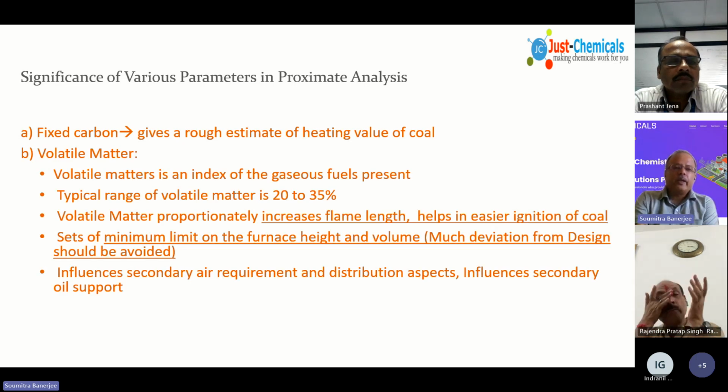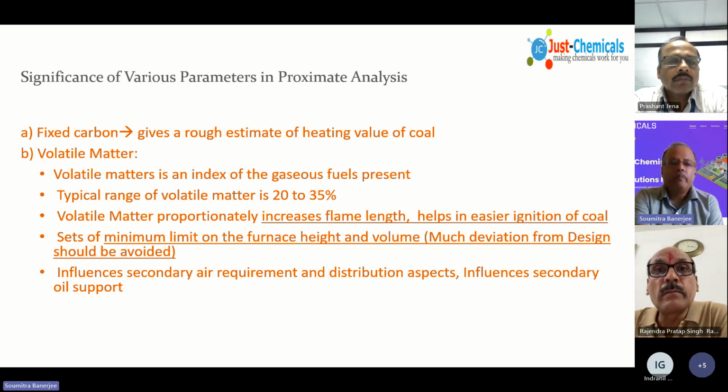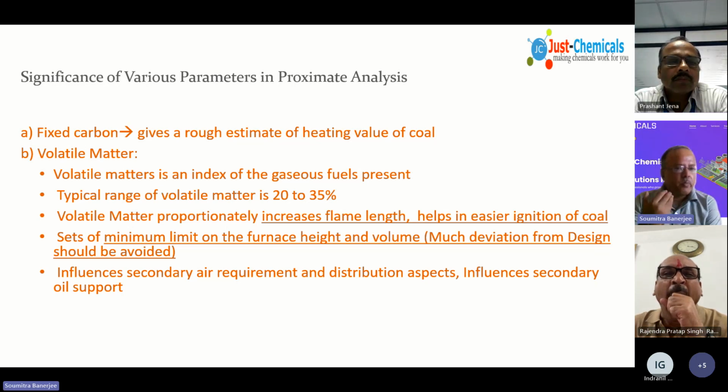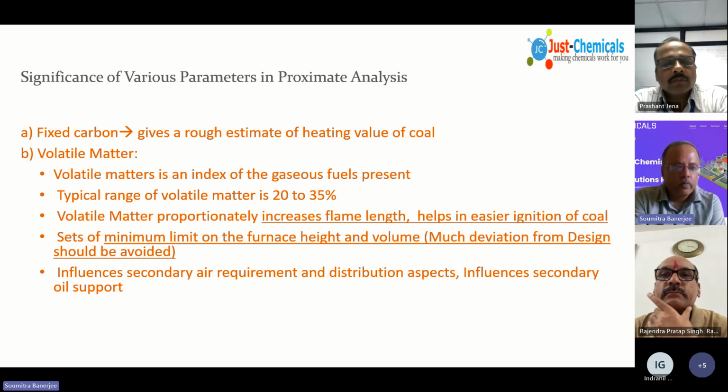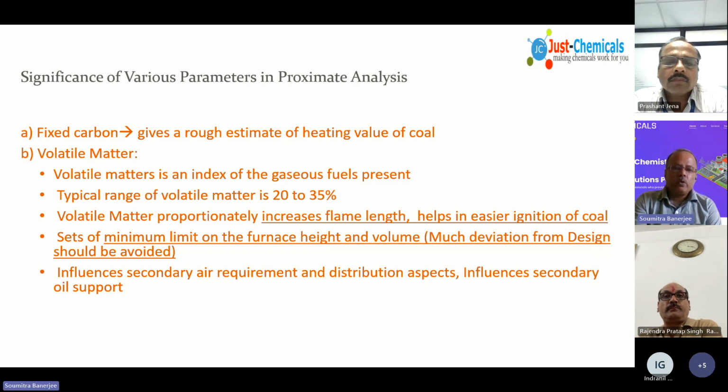The second one is volatile matter. Volatile matter is an index of gaseous fuel present in the coal, and this typically ranges between 20 to 35. Proportionally it increases the flame length and helps in easier ignition of the coal, and we all know that there is one formula called FC upon VM. That is also set due to this, because burning of coal is helped by the availability of VM, volatile matter.